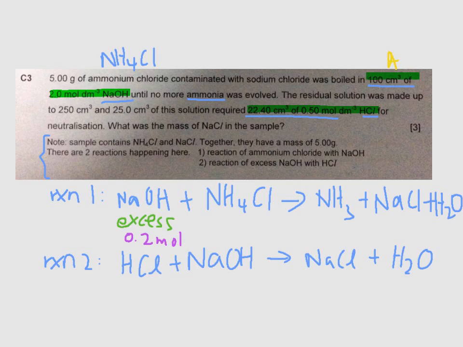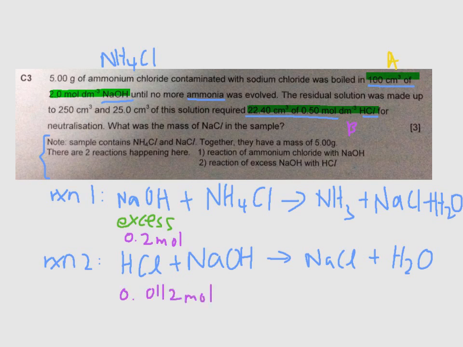According to the steps that I've given you, to do a back titration question, you should calculate the known amounts first. So you should calculate the initial amount of NaOH since they give you the volume and concentration, and the amount of HCl used for the titration. So using your part B, you should be able to find that the amount of HCl used for the titration is 0.0112 moles.